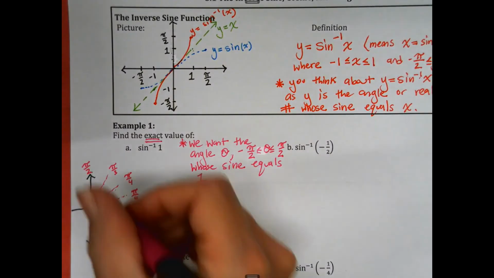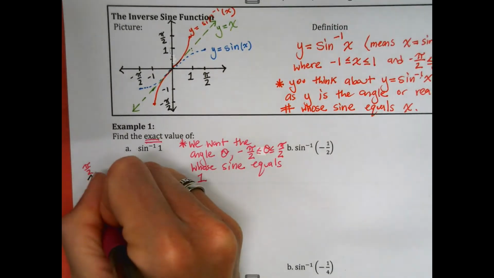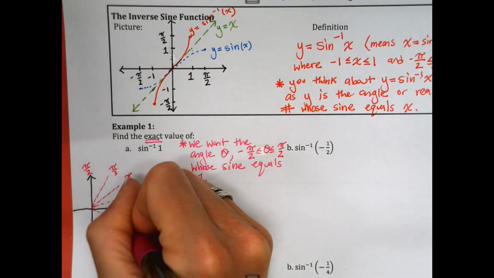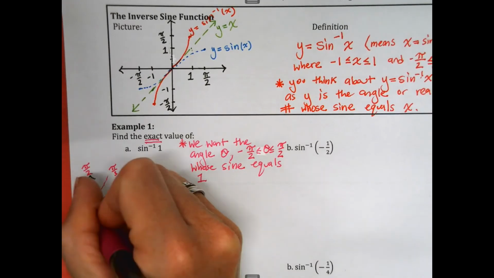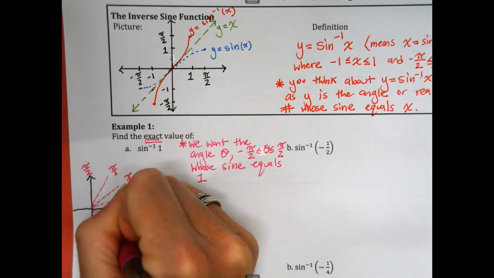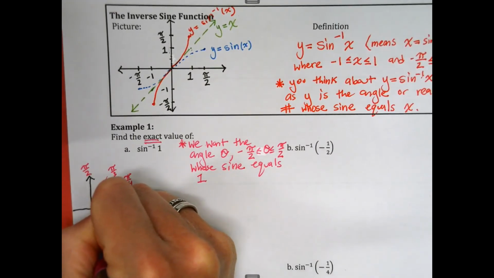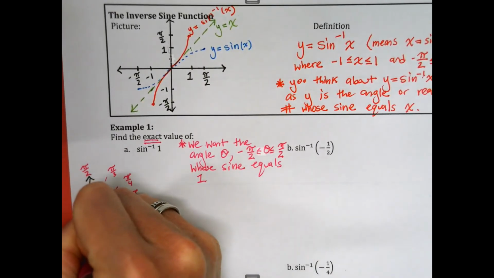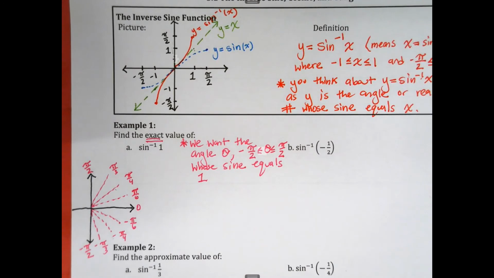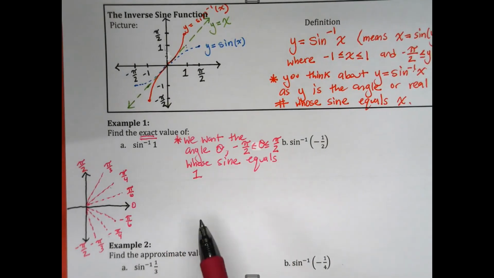And then in the negative direction, we would have negative pi over 6, negative pi over 4, and negative pi over 3. Remember that sine is the y value.